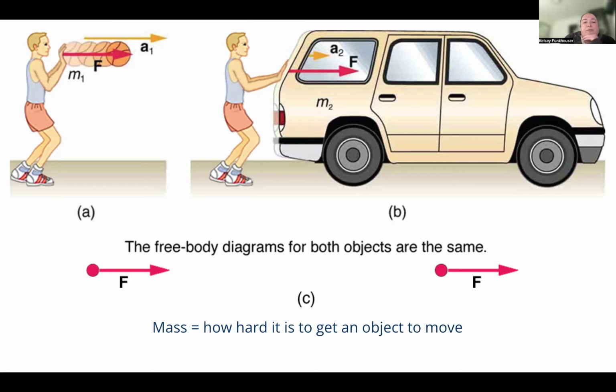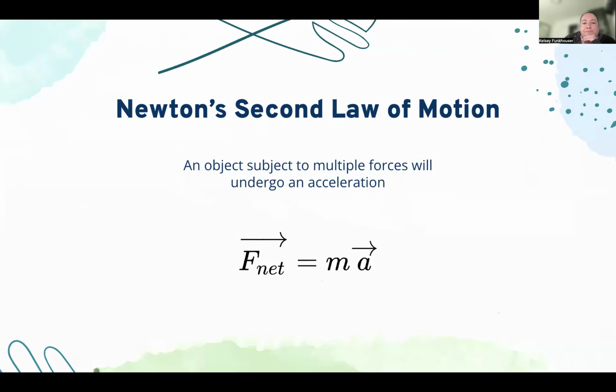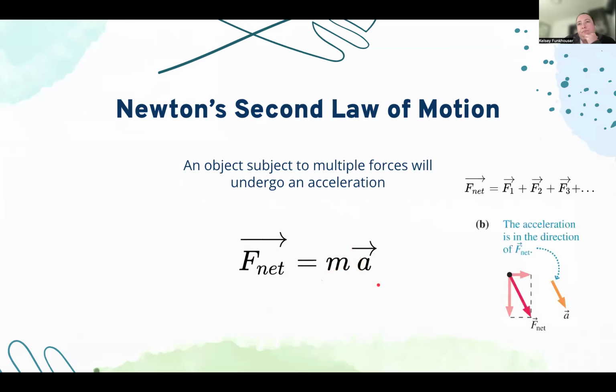Anyway, now this is something we can add on to Newton's second law: the net force on an object, which is just the vector sum of the forces acting on the object, is the mass of the object times the acceleration.